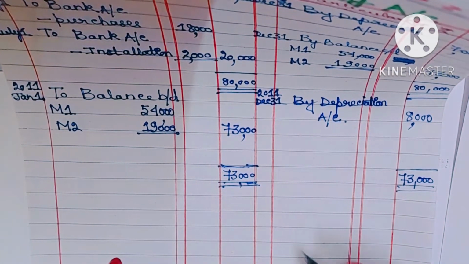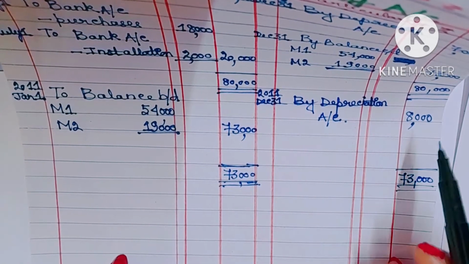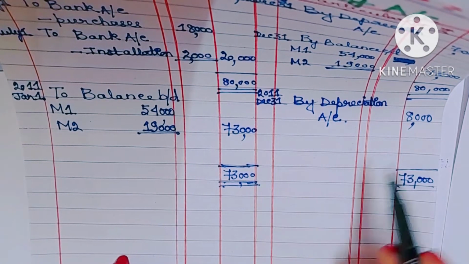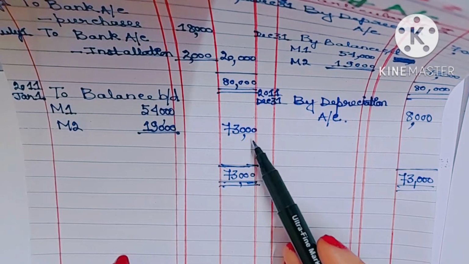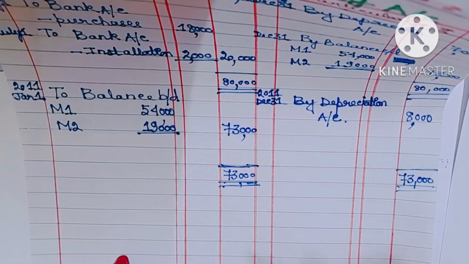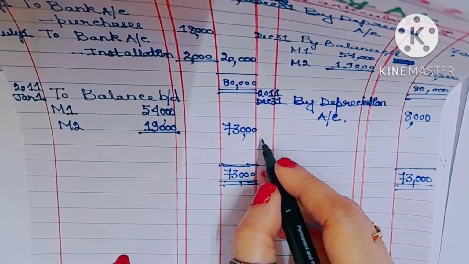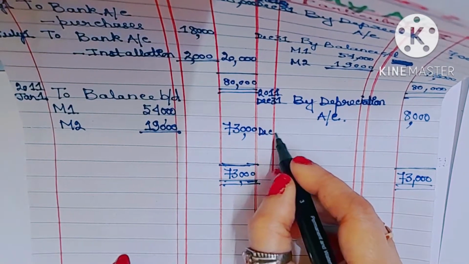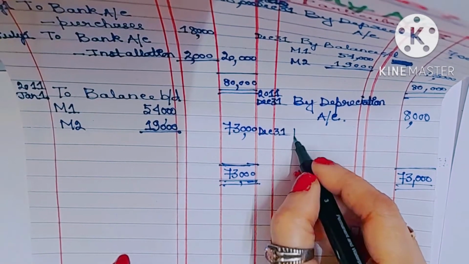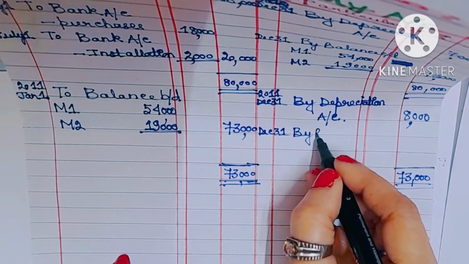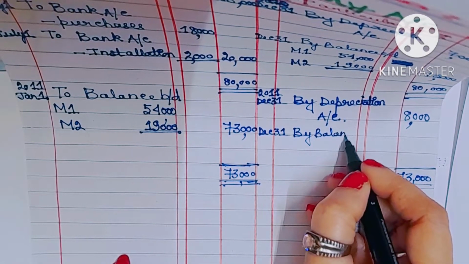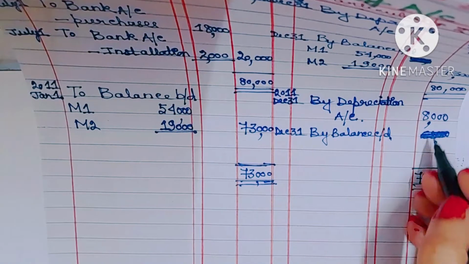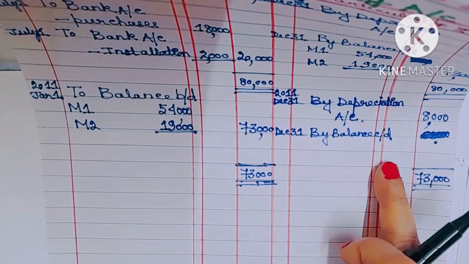Now, where is the shortfall? On the credit side. So what will be the balancing figure? 73,000 minus 8,000 gives you 65,000. So we have to write December 31st, by balance CD. We cannot write 65,000 straight away.